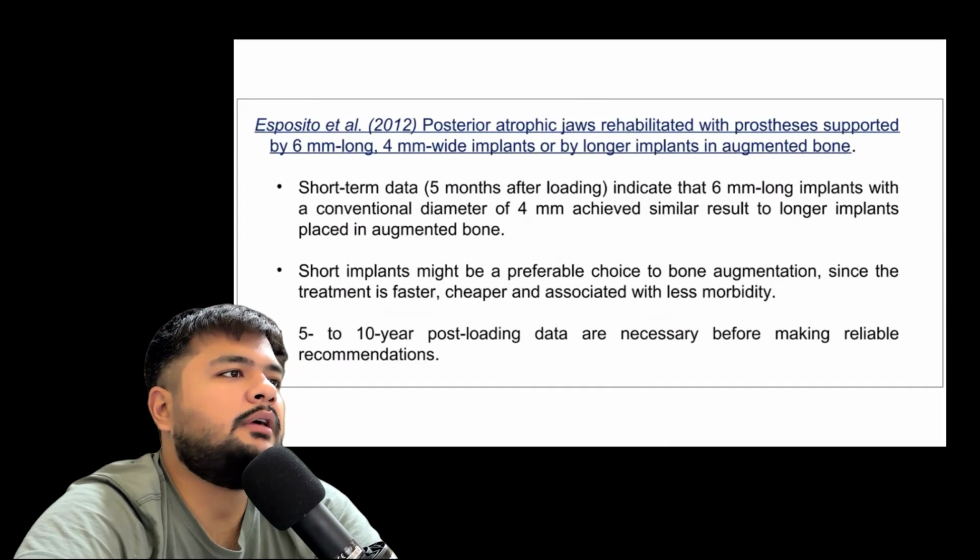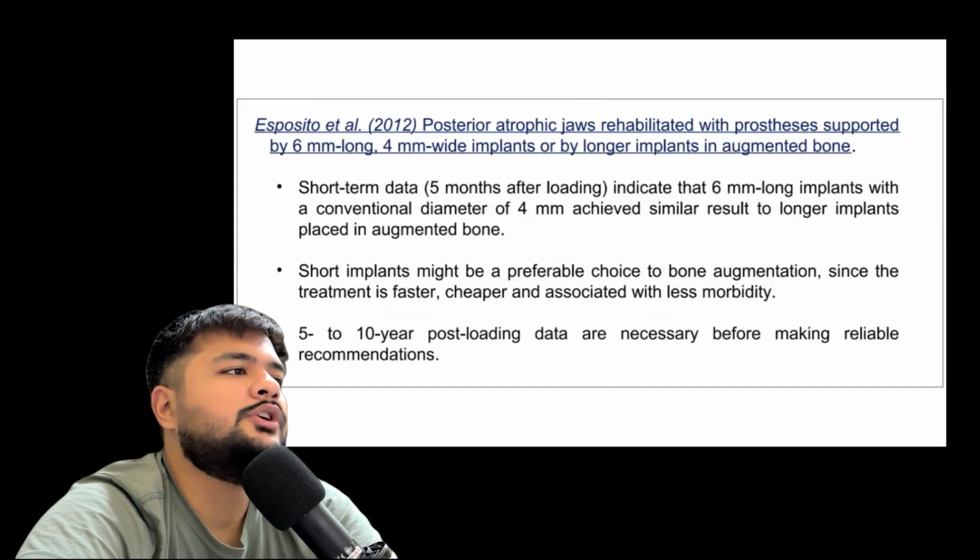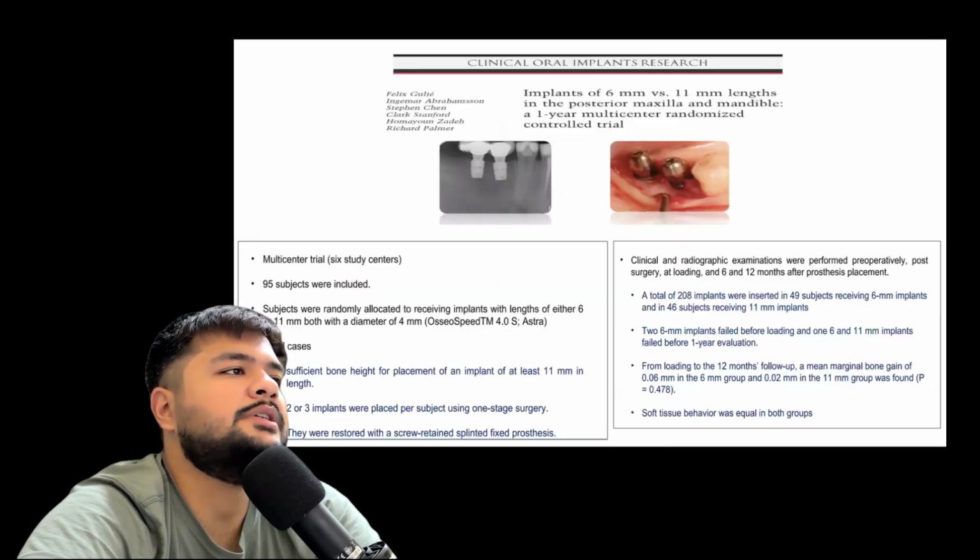Short-term data, 5 months after loading, indicate that 6 mm long implants with a conventional diameter of 4 mm achieved similar results to longer implants placed in augmented bone. Short implants might be a preferable choice to bone augmentation since the treatment is faster, cheaper, and associated with less morbidity. 5 to 10 year post loading data are necessary before making reliable recommendations.